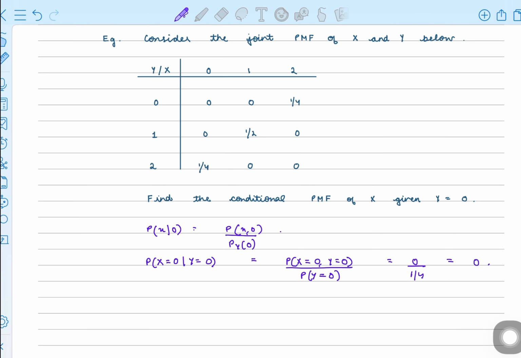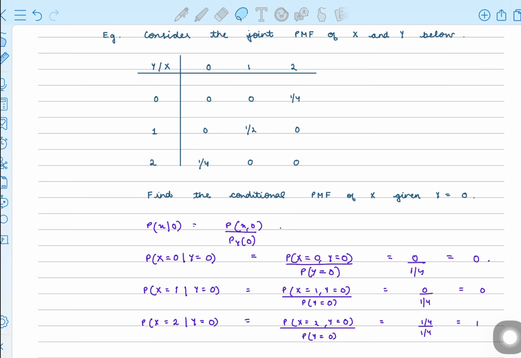Similarly, for x is equal to 1 and x is equal to 2, we get. After doing this, we arrange the answers we've obtained in a tabular form.